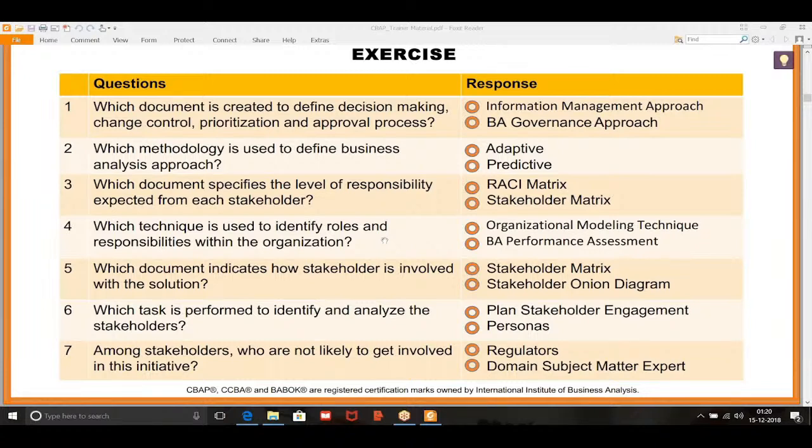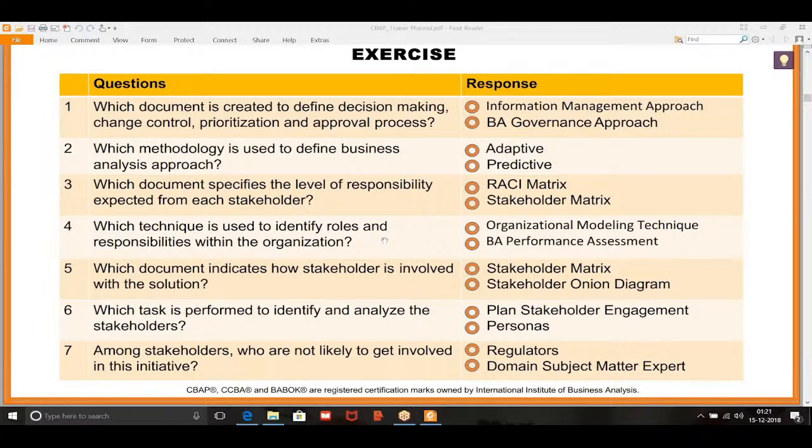Responsible, accountable, consulted, informed, these are not levels. They are actually refinements. Yeah, sort of agreement. But anyway, we will see what it is.